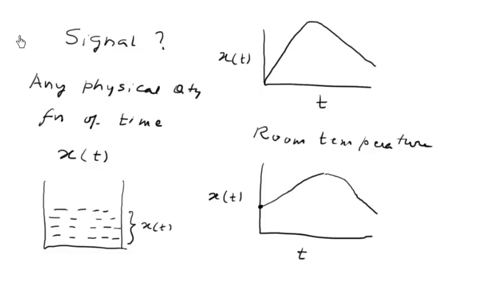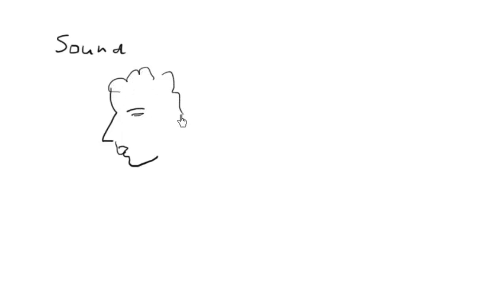Let's take another example. But before that, let me clear the slate here. The third example that we consider is the sound signal. Whenever a person speaks, so let's draw a person here, when he or she speaks, a pressure wave is set up in the air.